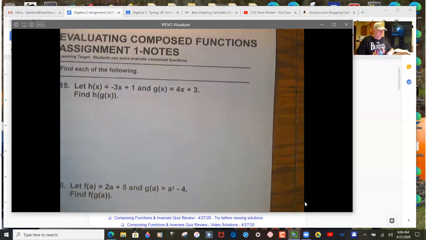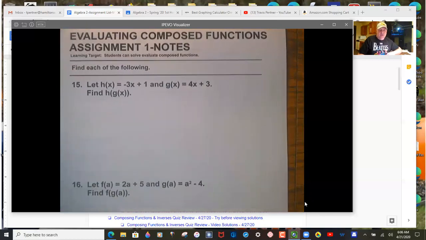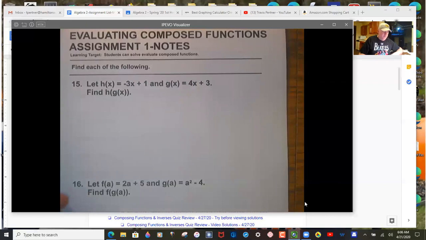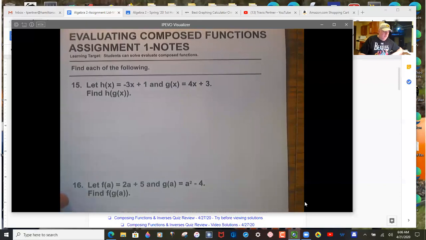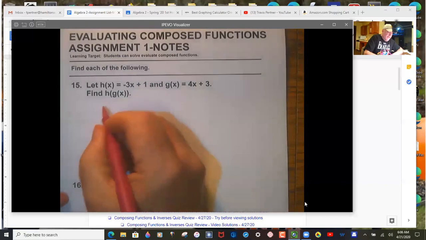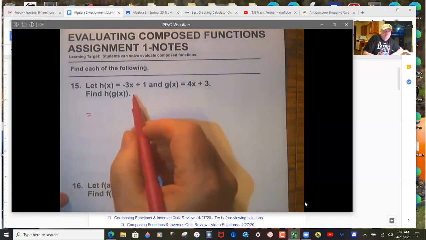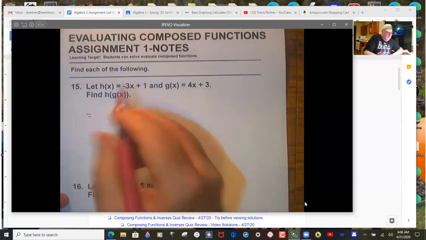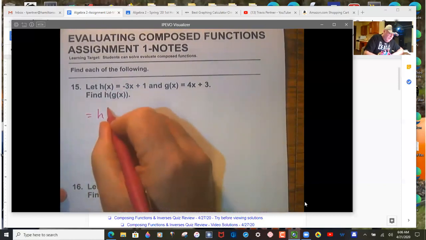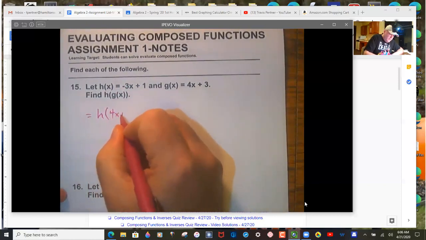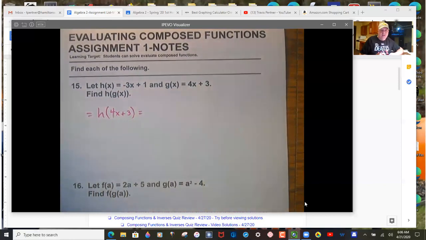Last two problems. Now, these are just composing functions without evaluations. So h of g of x, what does that equal? That means, well, let's do the intermediate here. That means h of 4x plus 3. That's what that means.